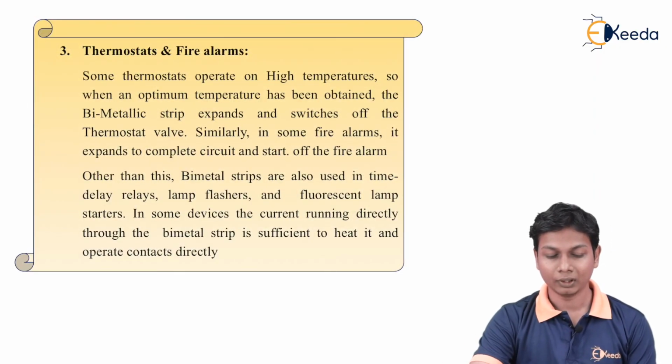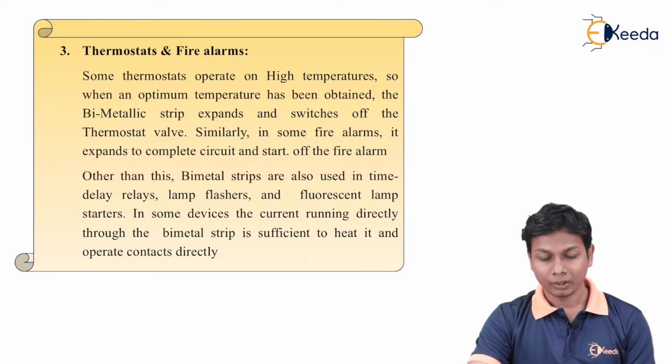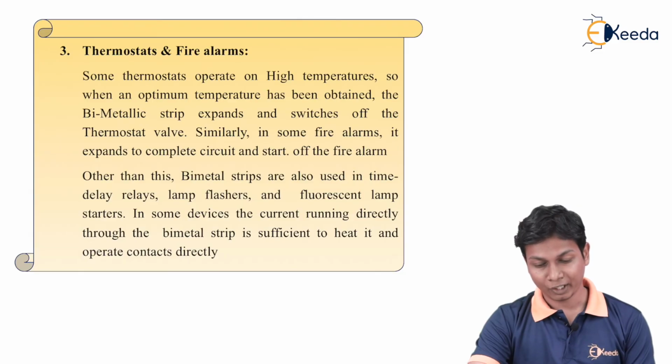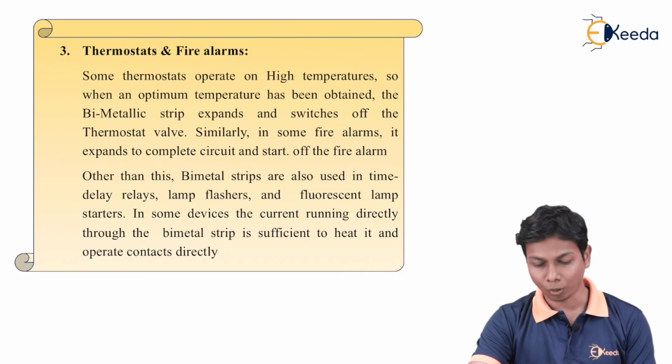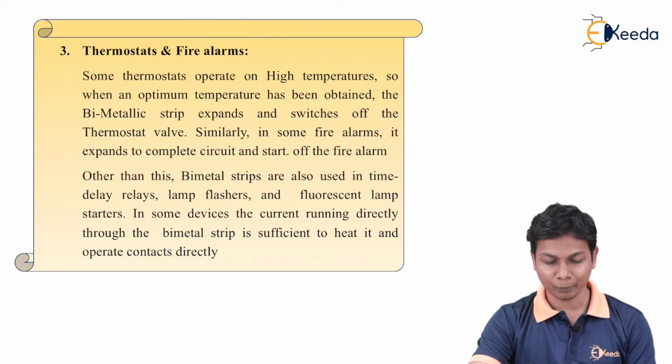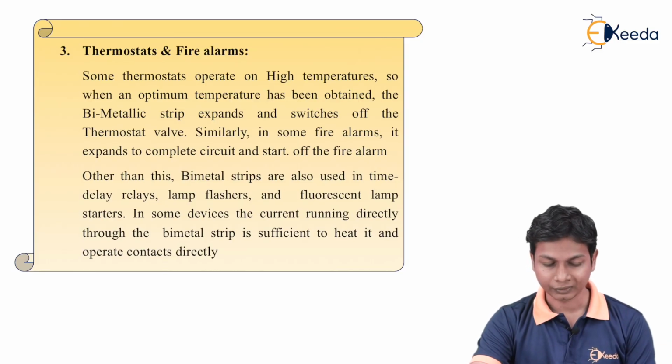Now it's also used in fire alarms and as a thermostat. So it operates at high temperature. When an optimum temperature has been obtained, the bimetallic strip expands and switches off the thermostat valve. Similarly, in a fire alarm, it expands to complete the circuit and start the fire alarm.